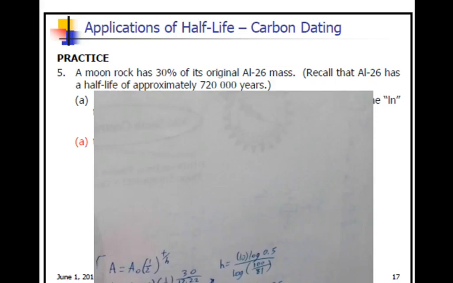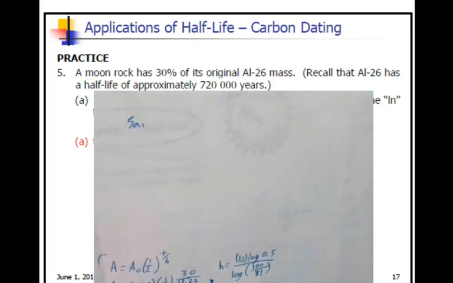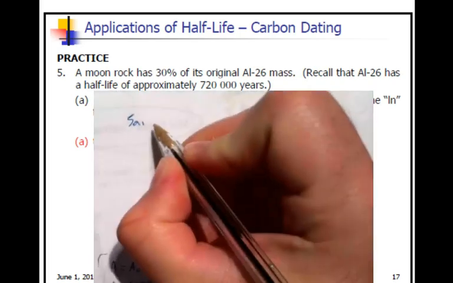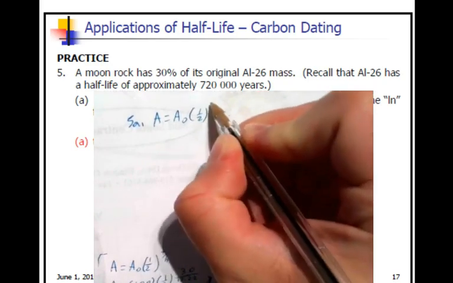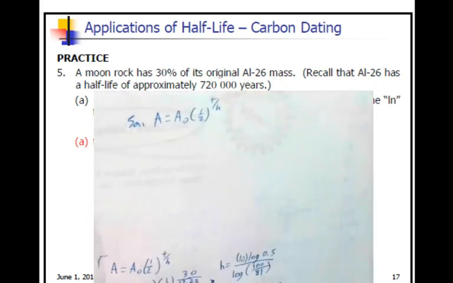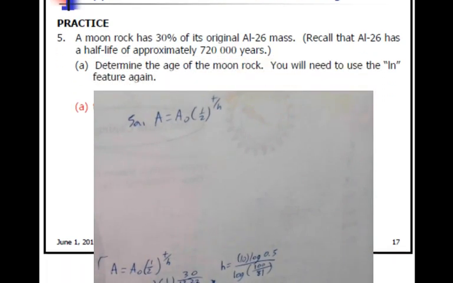So for this question, we have A equals A naught (1/2)^(T over H). What are we asked to solve for again? It says determine the age of the moon rock. So we're looking to solve for that T.